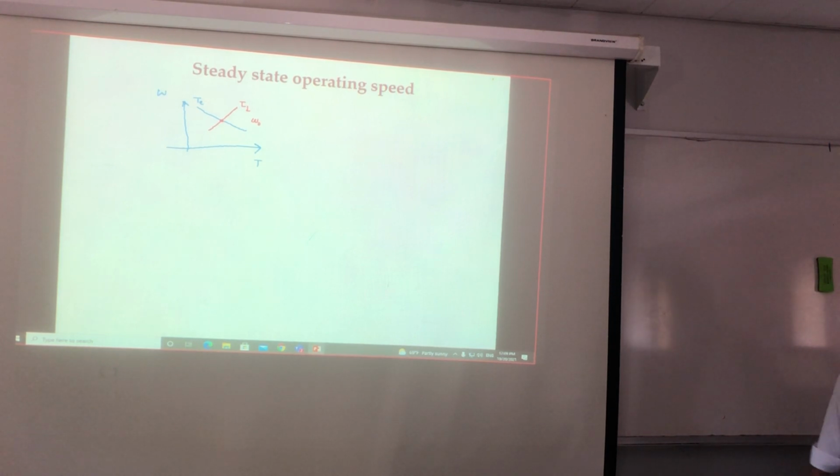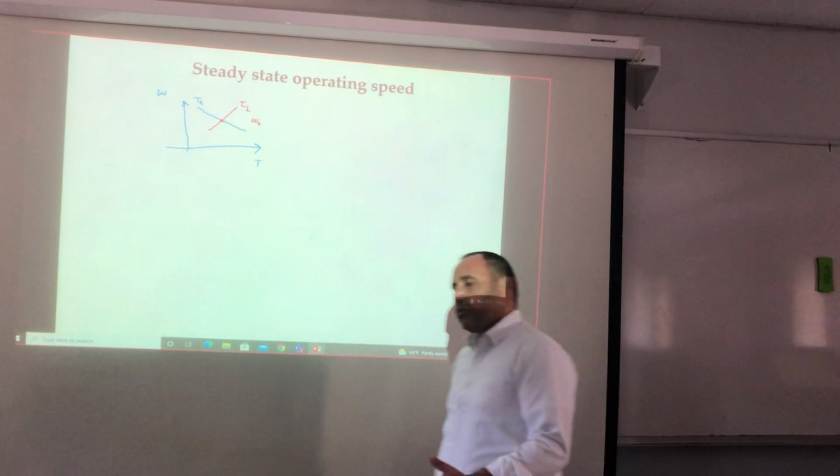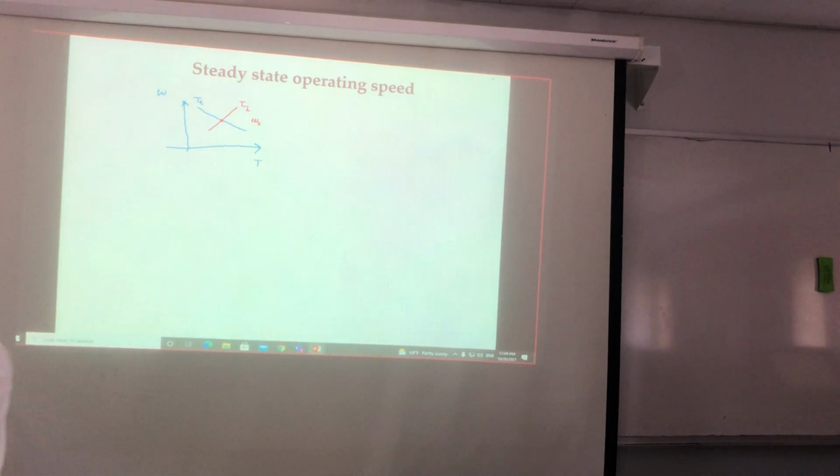I'm here. Now you know that if the system is operating, there can be a disturbance. Now the question of stability: how to decide whether this operating point is stable or unstable? Do you remember the torque speed characteristic of the induction machine?